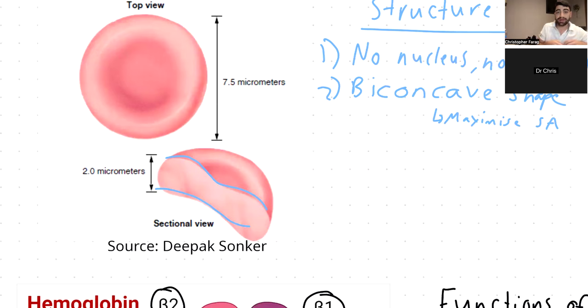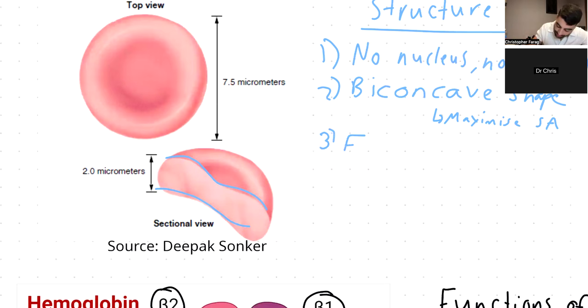So if you think about it, rather than having a flat edge, if it curves in, then you get all this extra area, which allows more gas to diffuse across. And that's a bonus, that's a win. So again, the structure should make sense. And this is why I didn't just list you these things from the beginning, because it should make sense physiologically from its function.